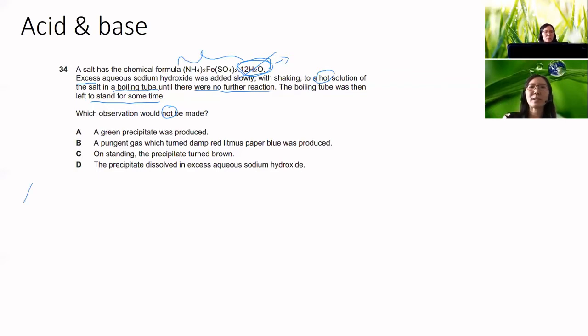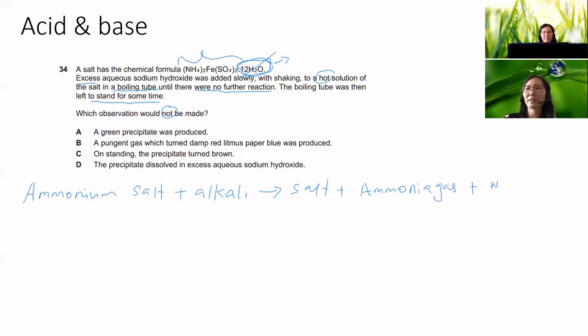Now let's look at what we have learned from the acid and base chapter. For ammonium salt, one of the chemical reactions is ammonium salt reacting with alkali. We will get salt, and then we will get ammonia gas and water, right?